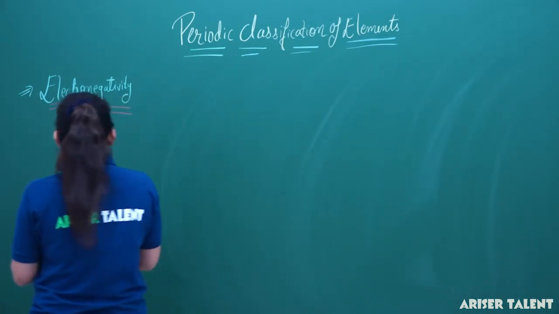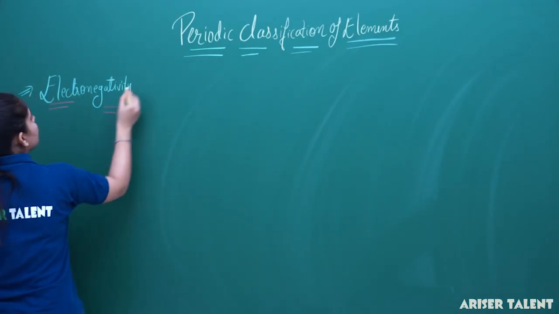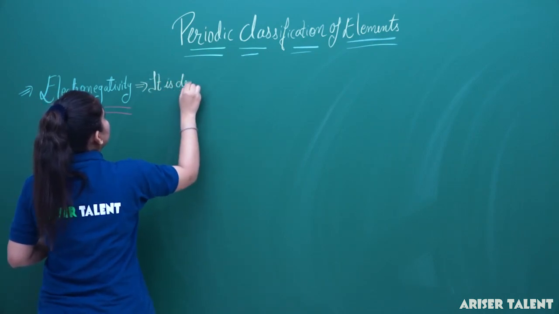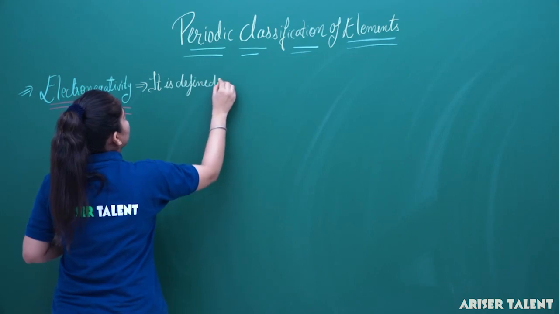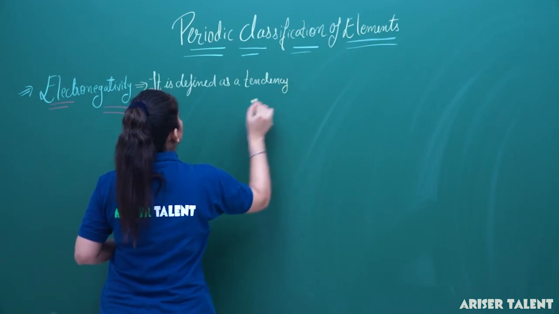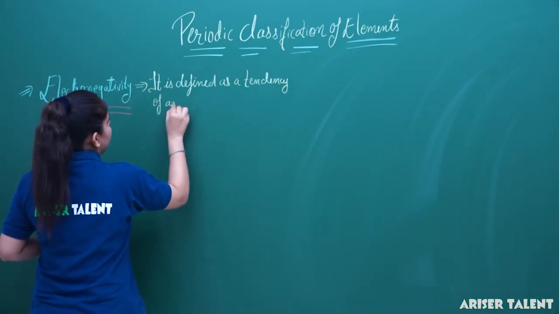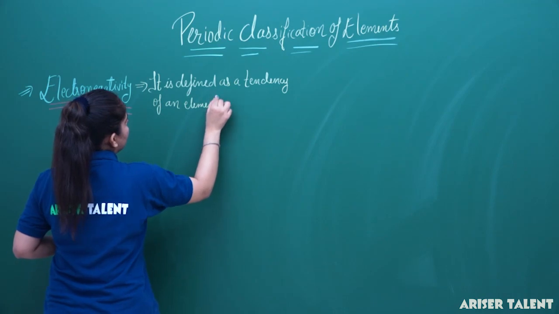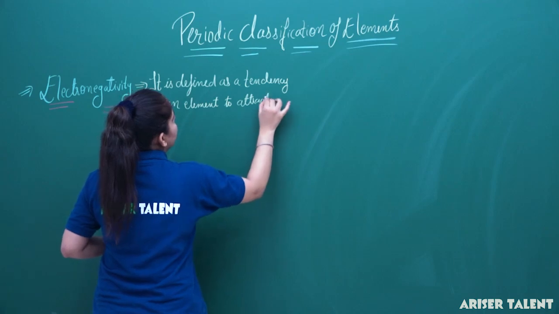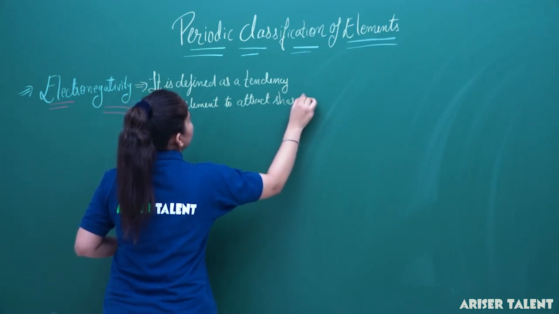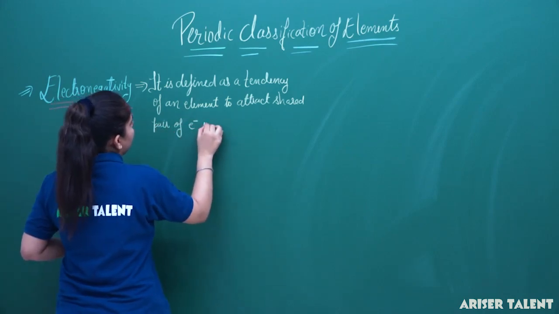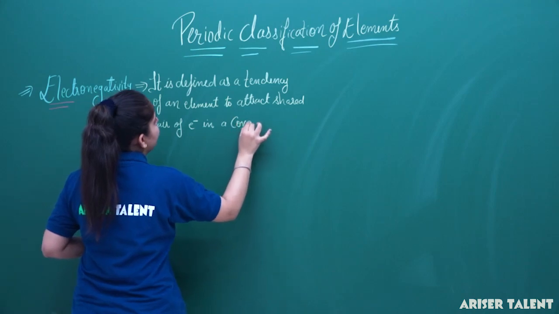So let us write the definition here. It is defined as a tendency of an element to attract shared pair of electrons in a covalently bonded atom.